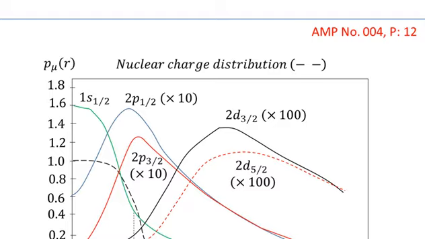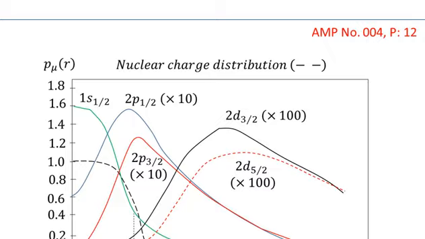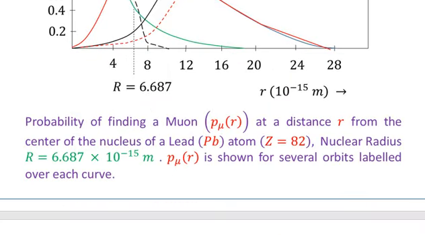Now this figure, although not important from the atomic physics point of view, is important as far as muonic atoms are concerned. So for completeness, I am going to give you this figure and explain it. First of all, I would like to read the caption of this figure. Probability of finding a muon.